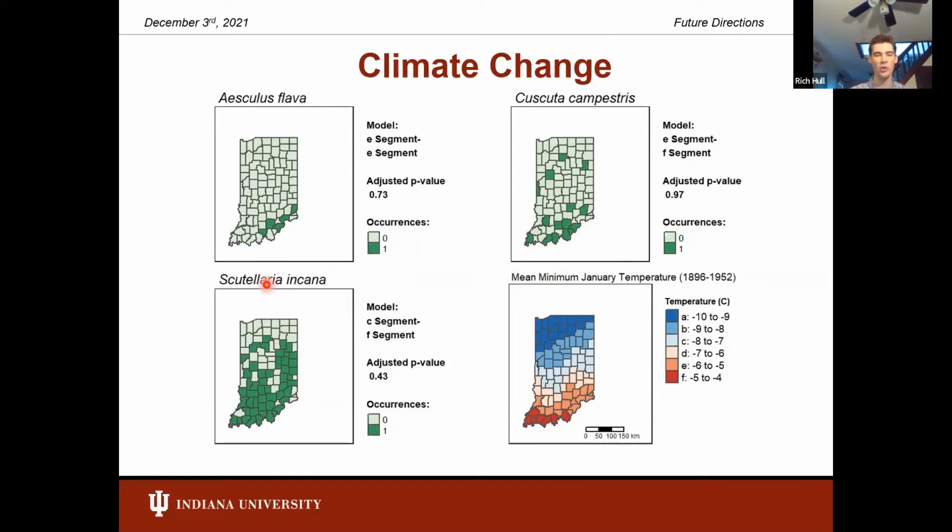And then I have a skullcap that, despite only not occurring in a narrow swath of the northernmost part of the state, this approach still flags it as significant and classifies it to a different alternative model. This is a very powerful approach, and we can see if these distributions change over time using this approach, by setting the historical distribution as a null model.